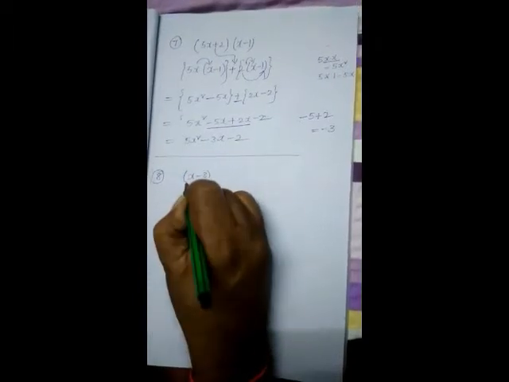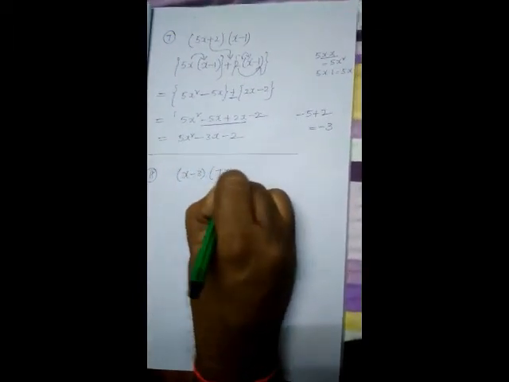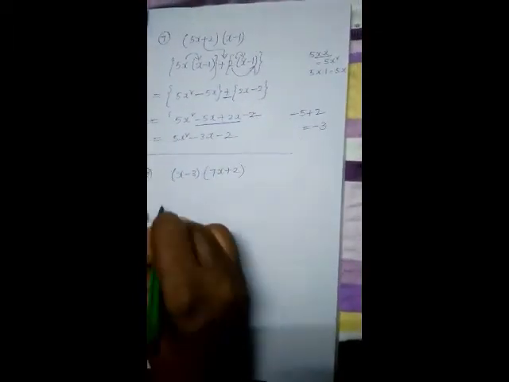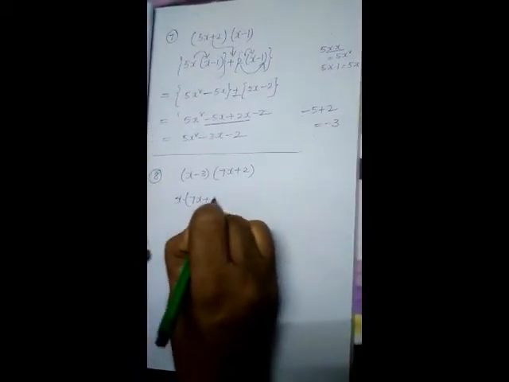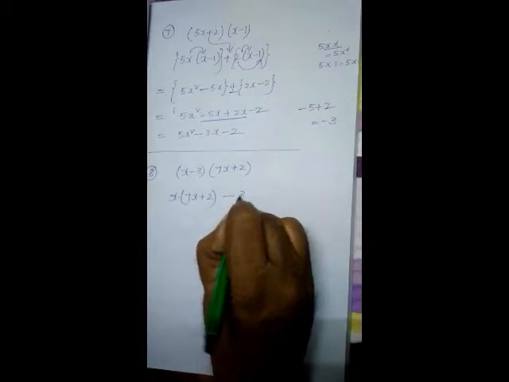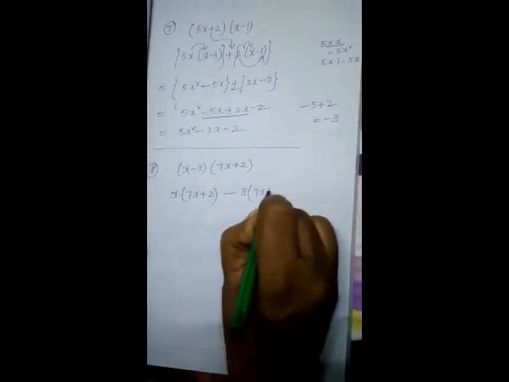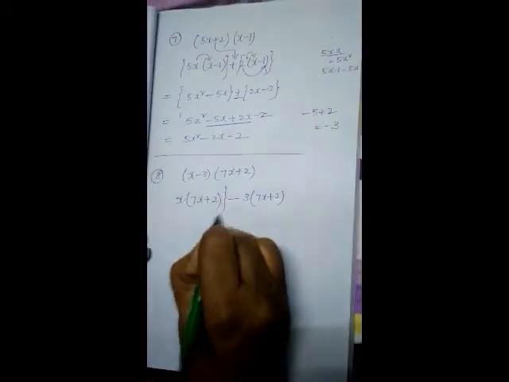One more example, X minus 3 into 7X plus 2. X of 7X plus 2 minus 3 of 7X plus 2, with curly brackets.